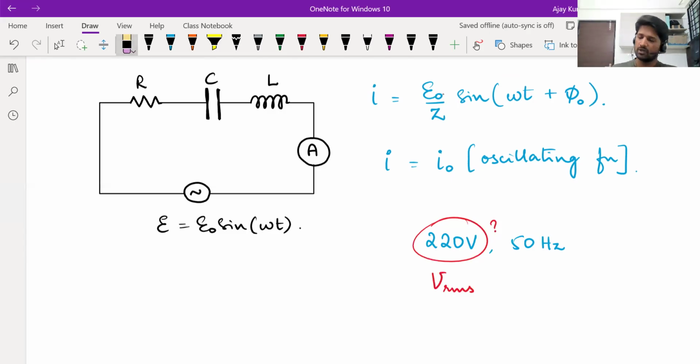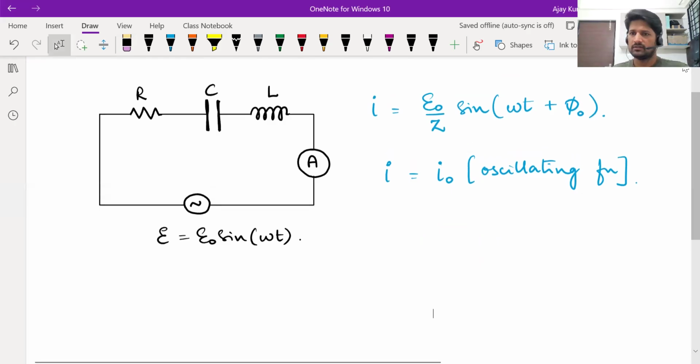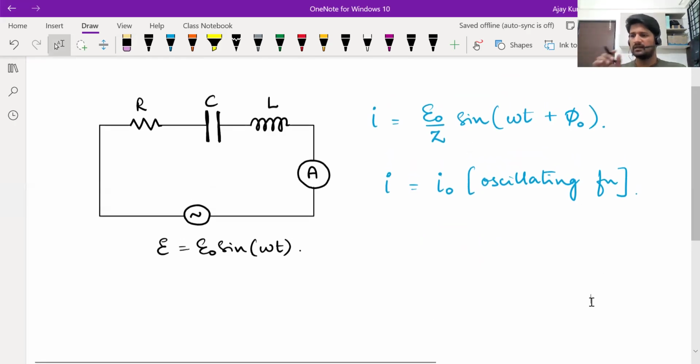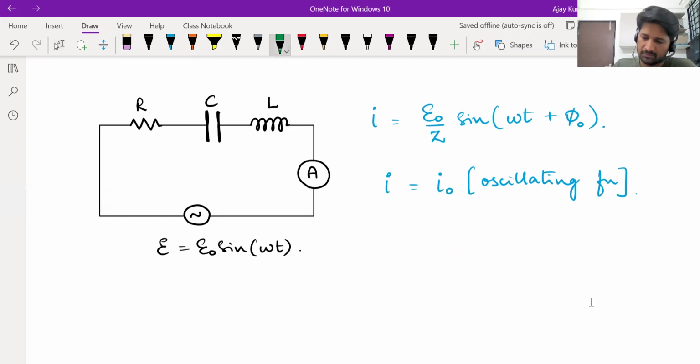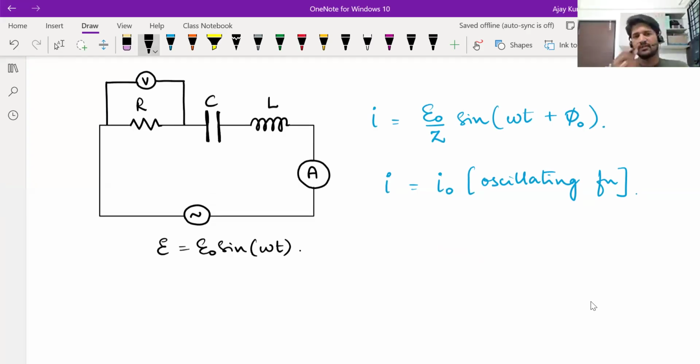And that is what ammeters and voltmeters measure in an AC circuit. Very important thing to remember, because in exam problems, they'll directly give you a voltmeter somewhere and ask you what its reading is. For example, if a voltmeter, let's just call it V, is fixed across the resistor, they'll ask you what is the reading indicated by the voltmeter.